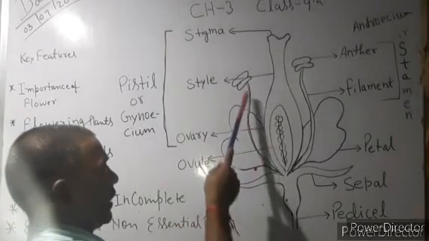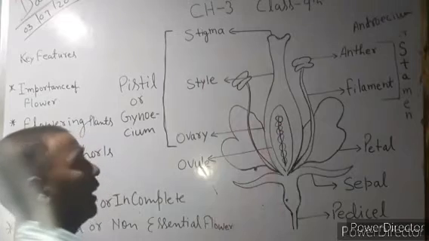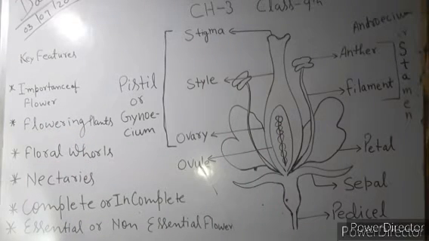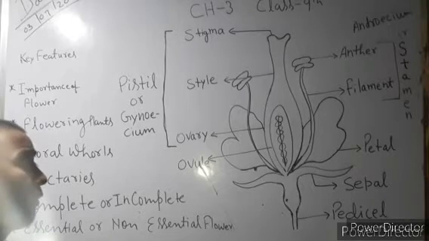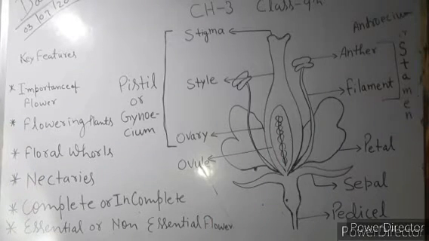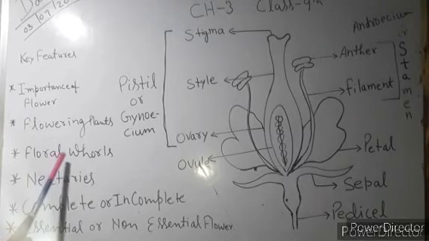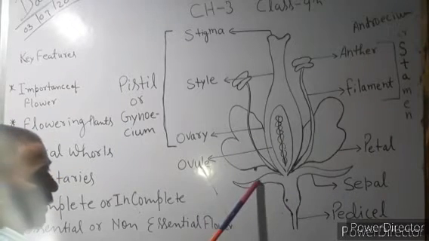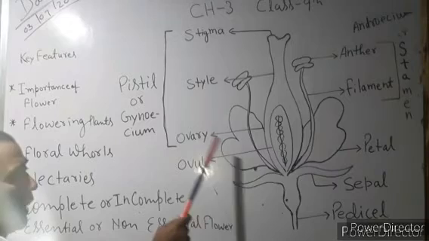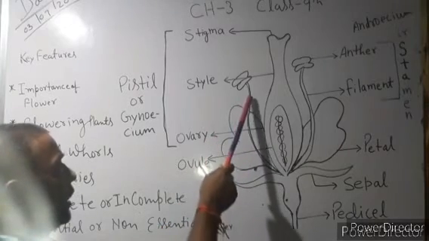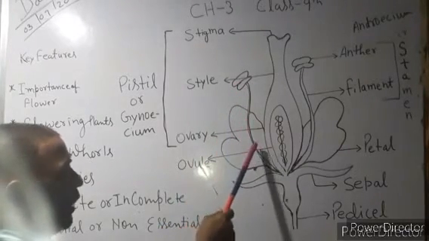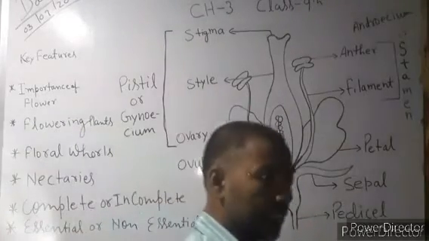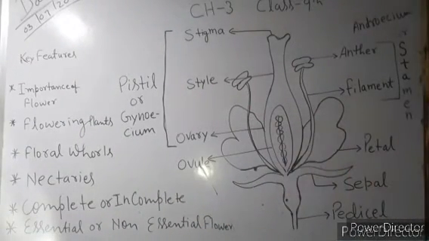After petals, the stamen is there, and the innermost part, the ovary and ovules, is the female part of the flower. Okay, these are the whorls of the flower. It includes sepals, petals, stamen or androecium, and the innermost is gynoecium or the pistil.